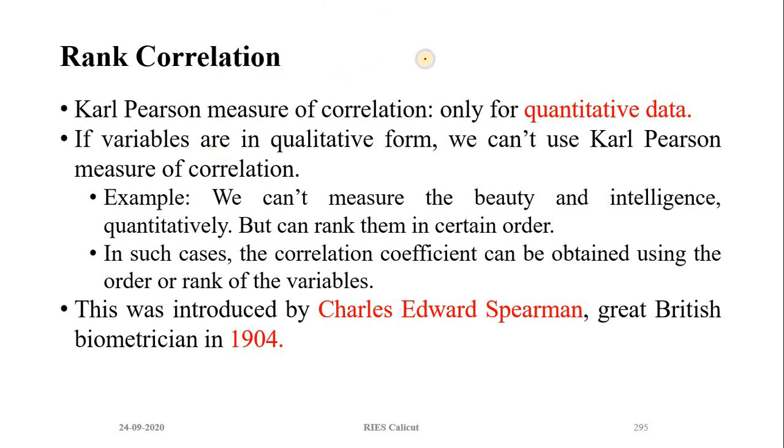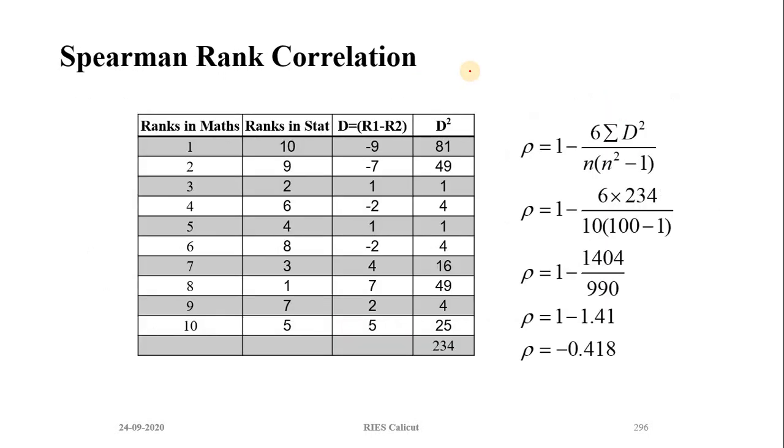Now, let me tell you how we can find out the rank correlation. There are two subjects, one is maths and another one is stats, and there are 10 students. For these 10 students, we have the ranks which they have got in mathematics and statistics.